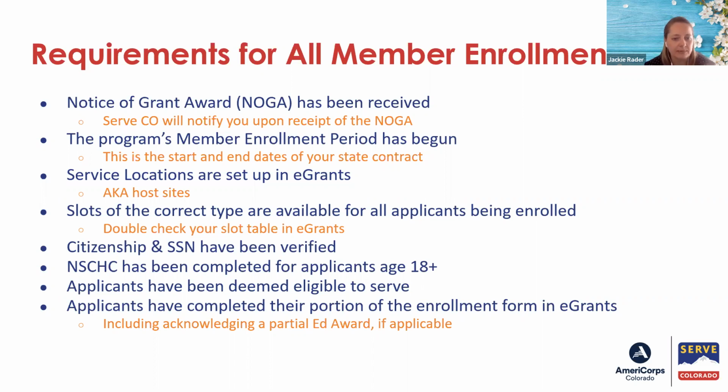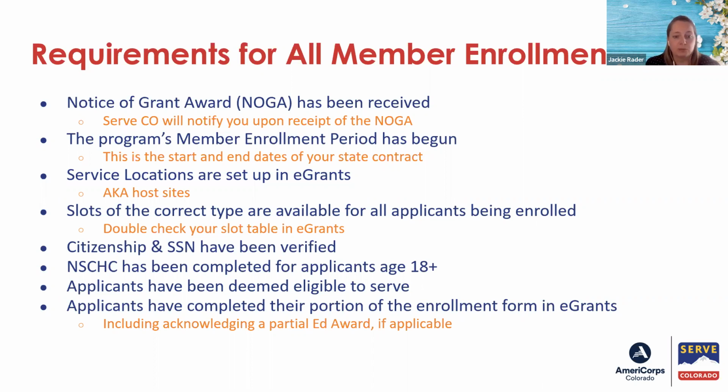Service locations need to be set up in eGrants. Service locations is the term for host sites, in case that language is confusing. Slots of the correct type must be available for all the applicants that you're enrolling, so just double check your slot table in eGrants for that. Your citizenship and SSN have been verified. The NSCHC has been completed for all applicants age 18 and over.